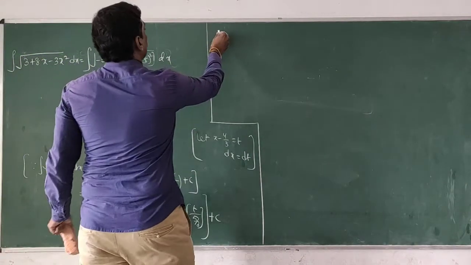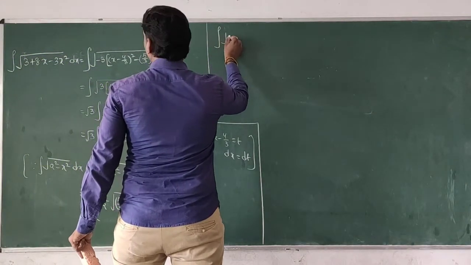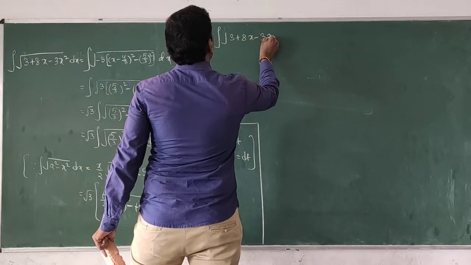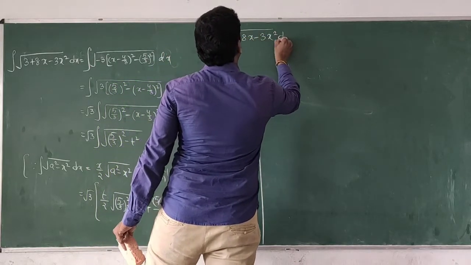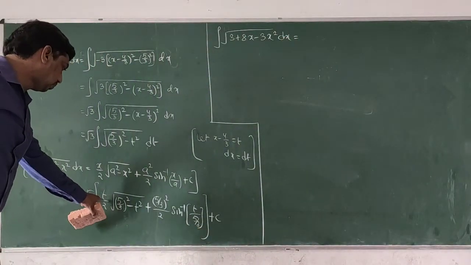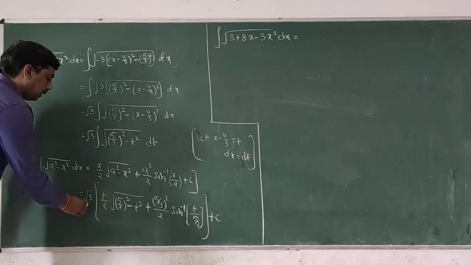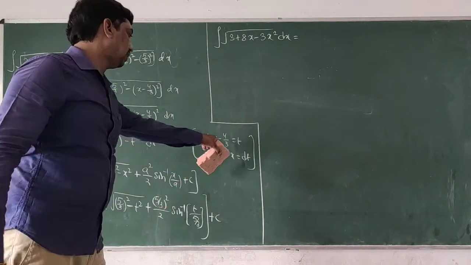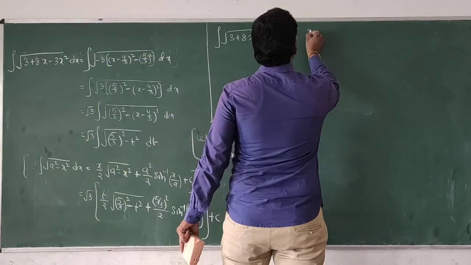Integration of square root of 3 plus 8x minus 3x square dx equal to, now do the continuation. Root 3 into internal function. Then what is the t value here? T value is x minus 4 by 3.